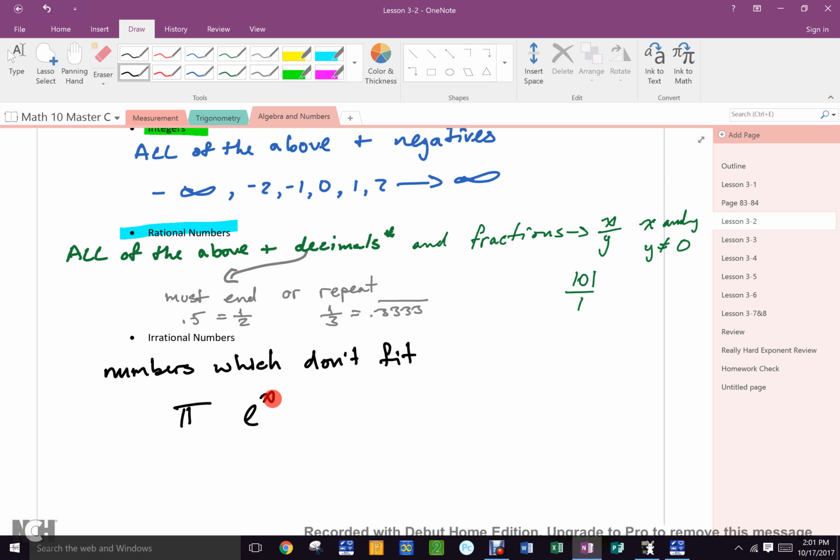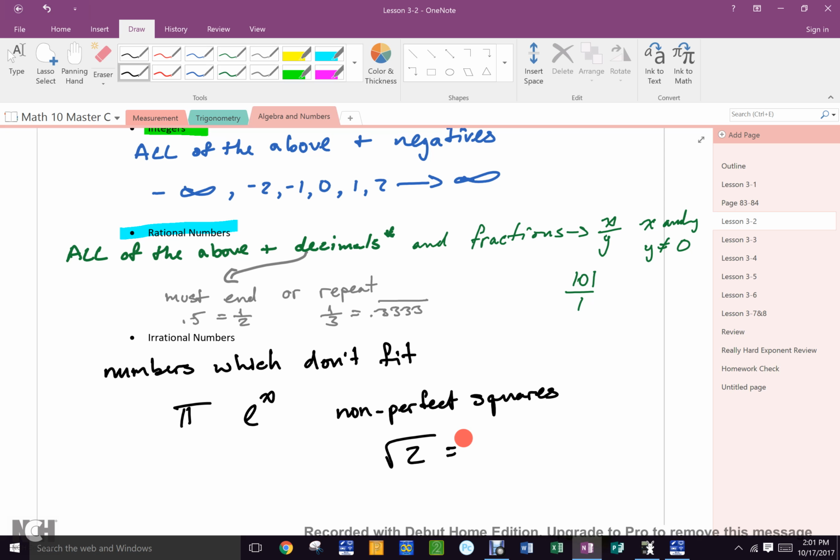But the important ones for us are non-perfect squares. So what is the square root of 2? There isn't an exact square root of 2, but what happens to your calculator if you push square root 2?